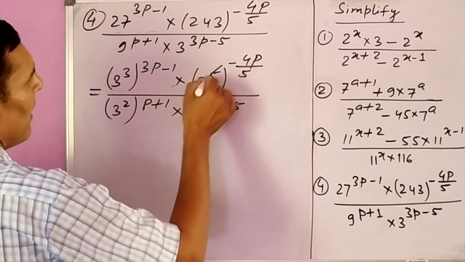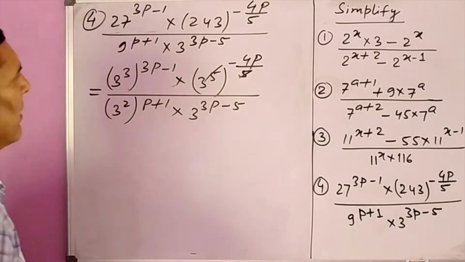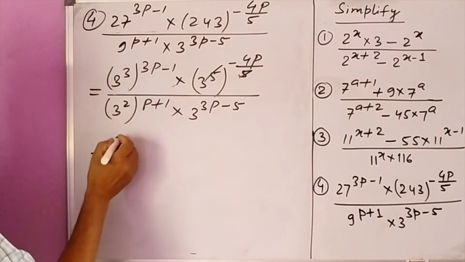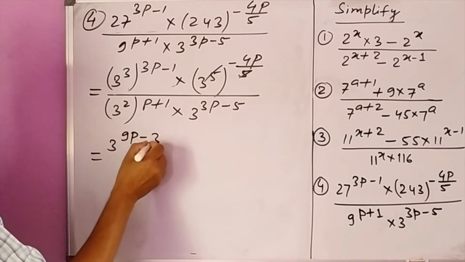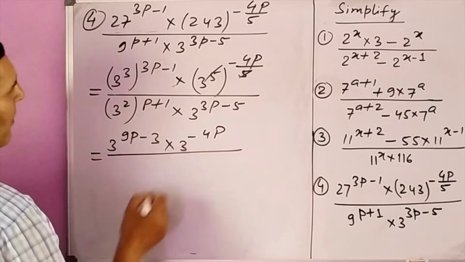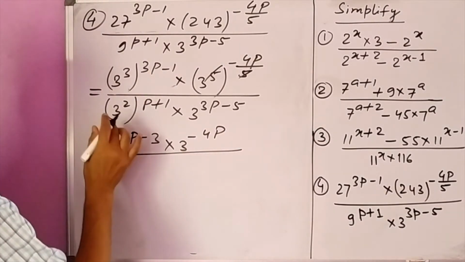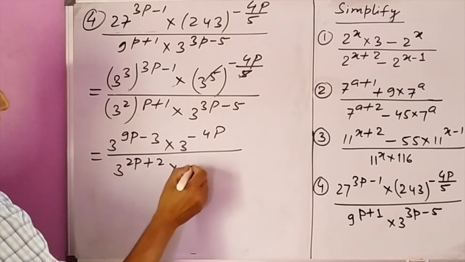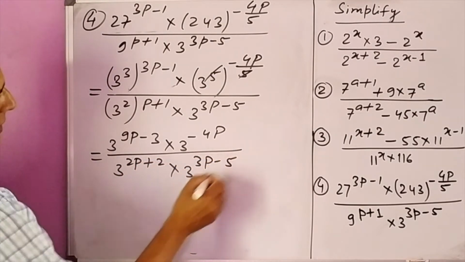Look at this 5 and 5, the powers multiplied together cancel. And it is 3 to the power 3 times 3p minus 1, that is 9p minus 3, into 3 to the power minus 4p upon 3 to the power 2p plus 2, 3 to the power 3p minus 5 as it is.